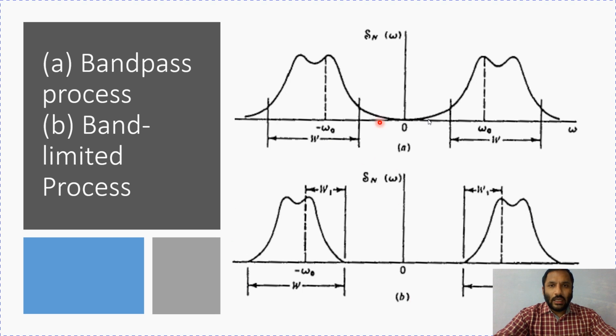Now, this is normally a function that has negligible power around zero compared with the power in this band of frequency W. So here, for a process to be band pass, the power near zero need not be exactly equal to zero.